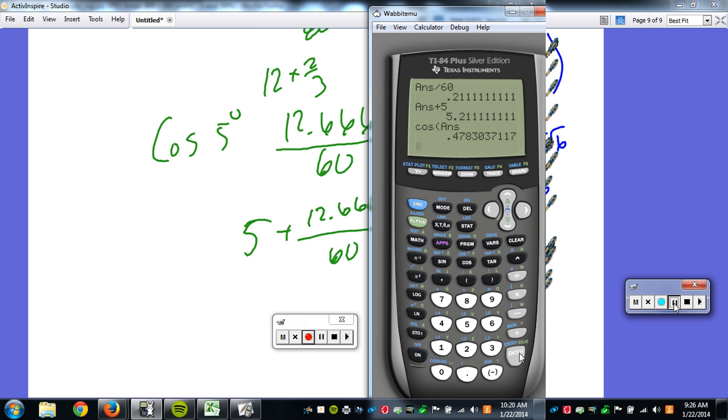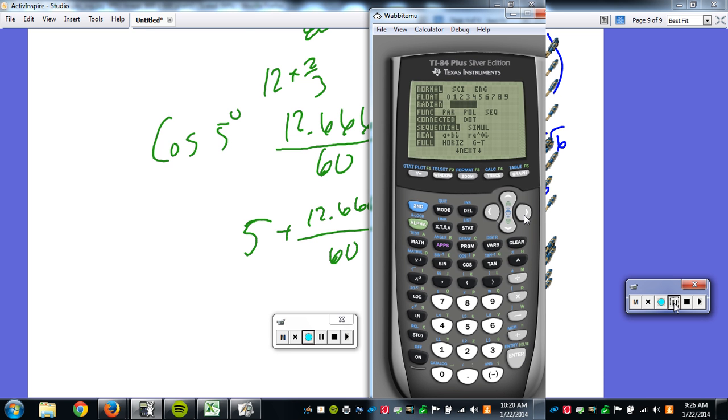Oh, I should do that again. Oh, I didn't know I had the up arrow capability. So 0.9995.